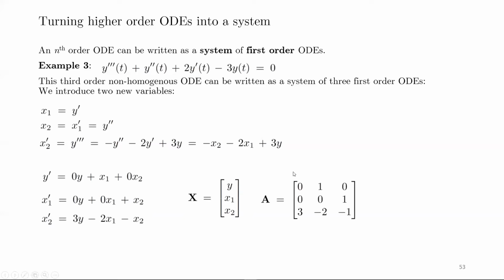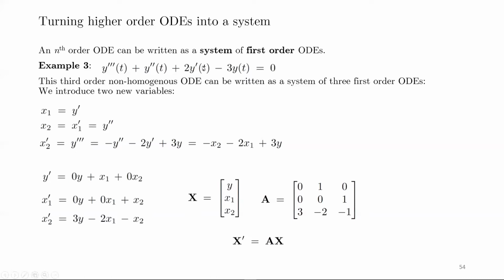And my matrix is going to be, well, the first column here is related to the y variable, because that's the first variable. So 0, 0, 3. My second column is related to the x1 variable, because that's my second variable. So 1, 0, negative 2. And my third variable is x2, so 0, 1, negative 1.